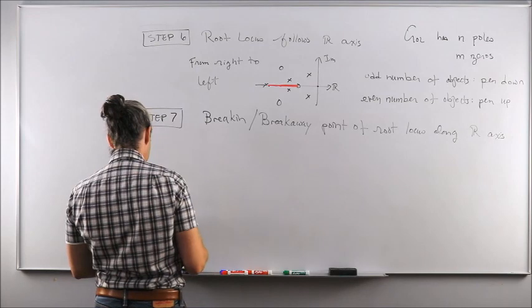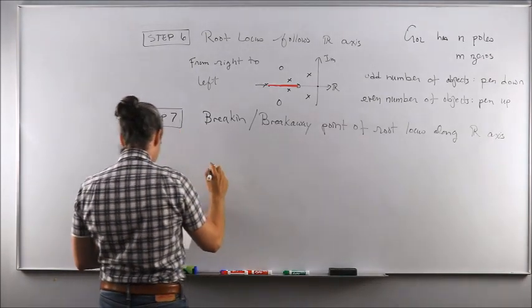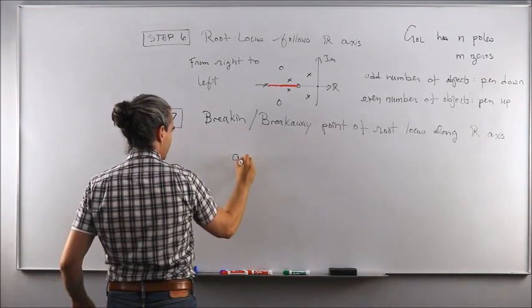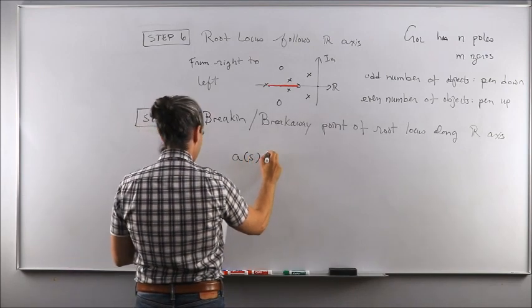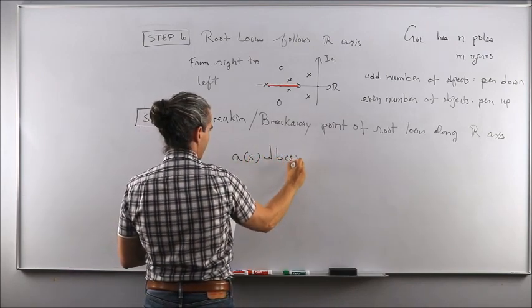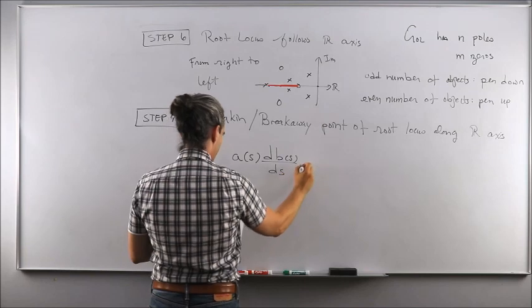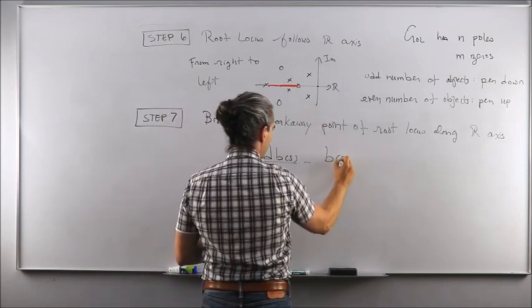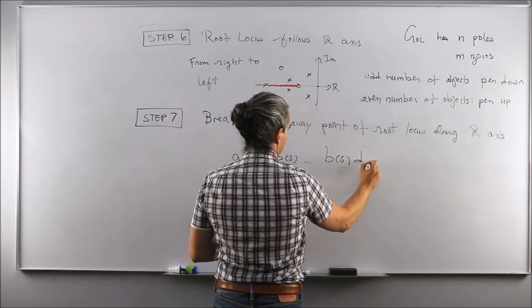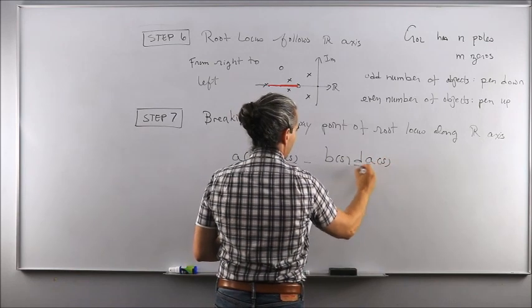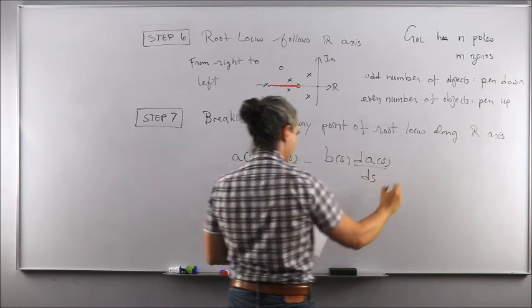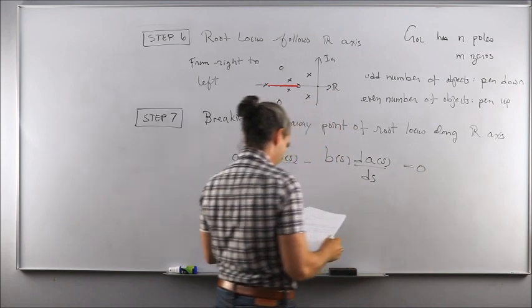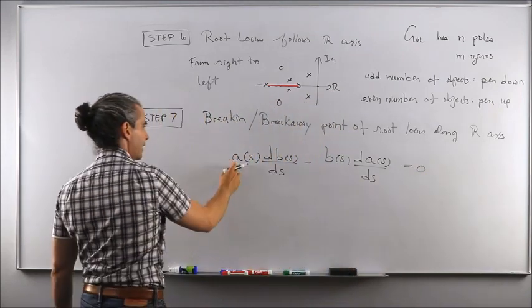To figure this out, you need to look at a differential equation: the derivative of a over b, that is d/ds of a(s)/b(s), and you're going to equal that to 0. What is a, what is b?